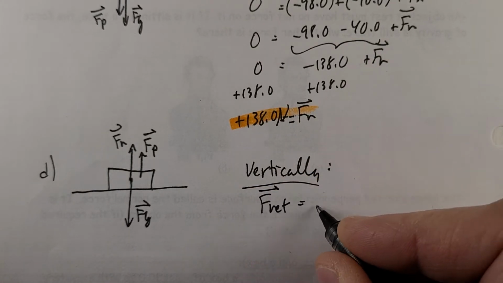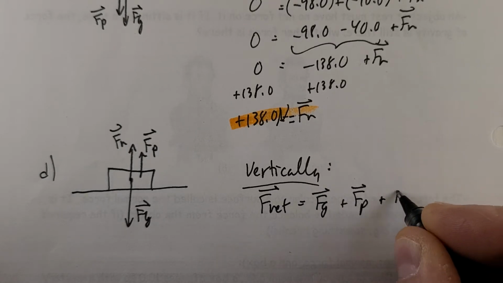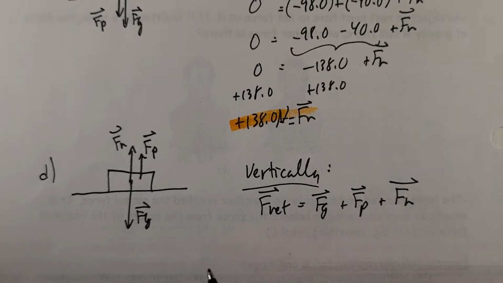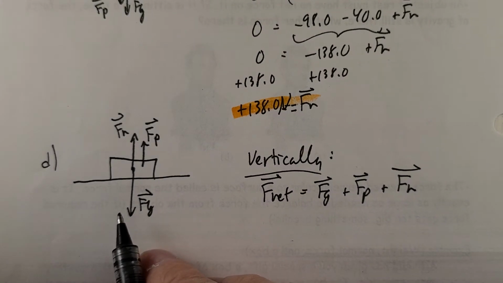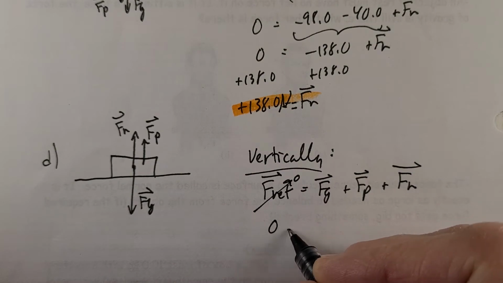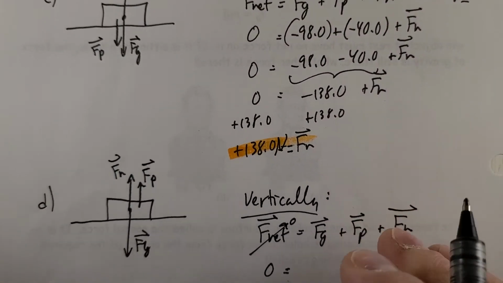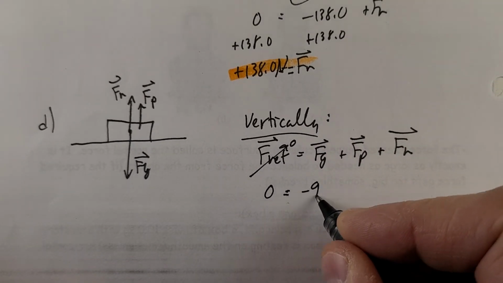So all the forces that are involved are Fg, Fp, and Fn. And again, this object is just sitting there, so of course Fnet is going to be 0. Our Fg is still negative 98. That's not going to change.